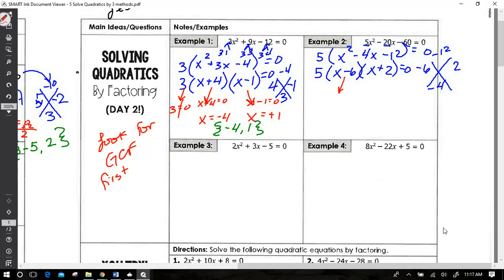So if it's inside a parenthesis with an x, we can turn that into what our solution should be. If it is outside by itself, it is not going to be a part of that solution, okay? And then my final answer is negative 2 comma 6, or my final set of answers.